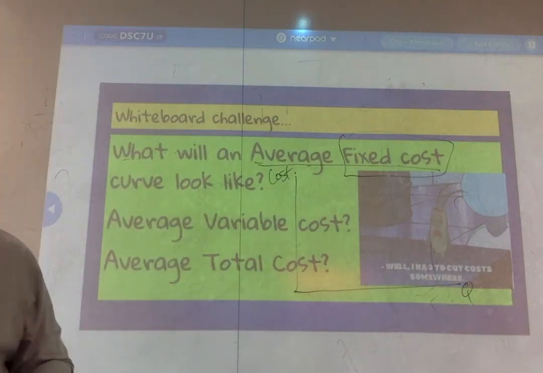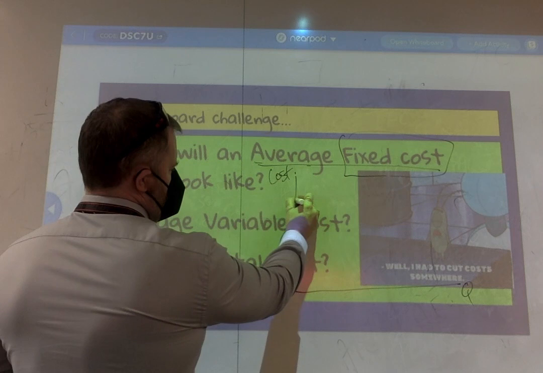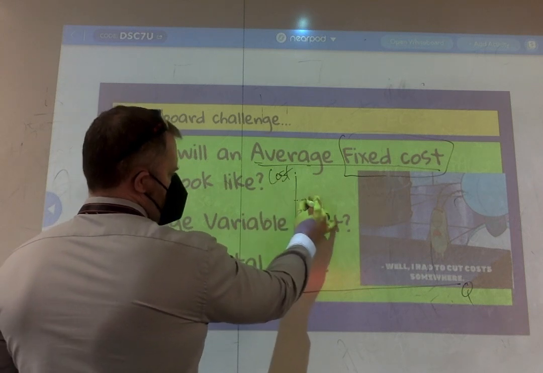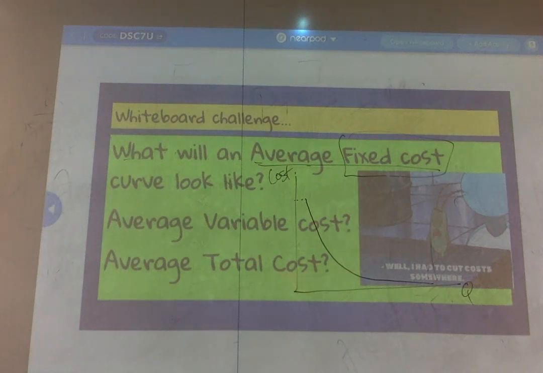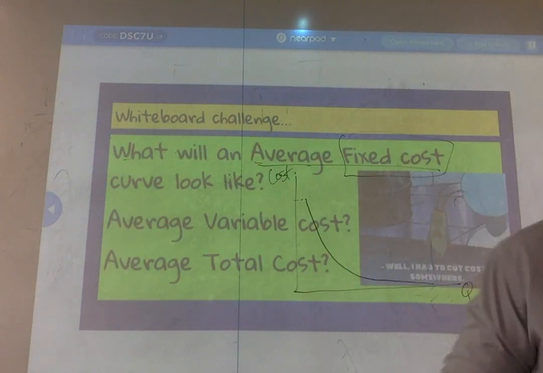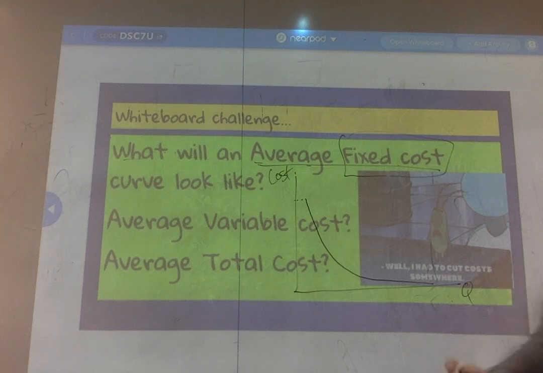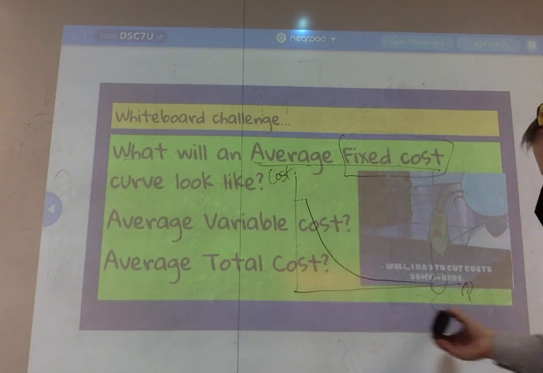It'll have to start somewhere. So it might be here, and then it will just go down. It's not a straight line, right? It's going down, and it never quite touches the axis there. So it looks like that.